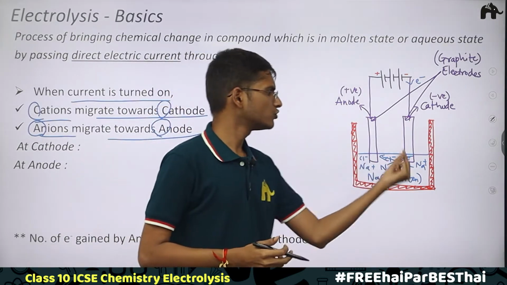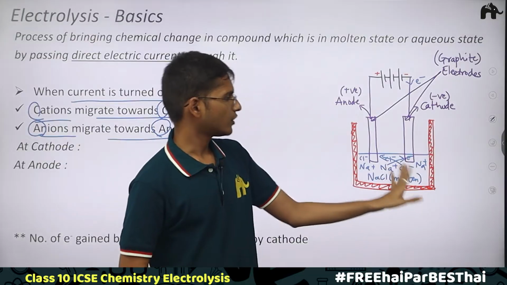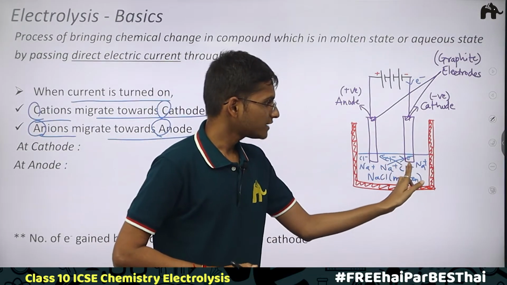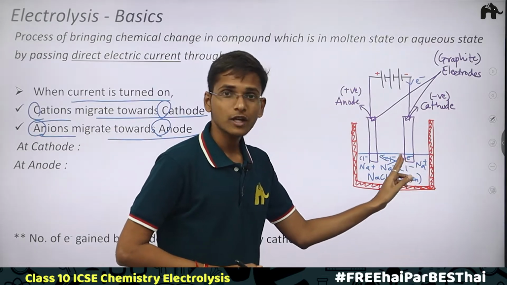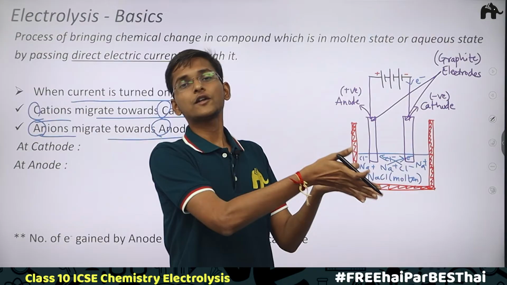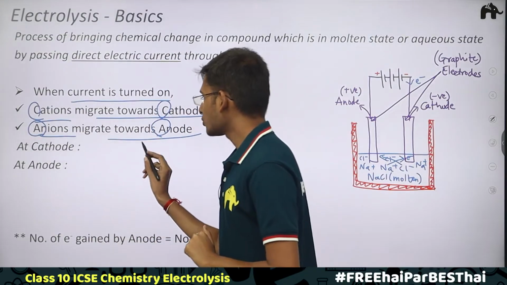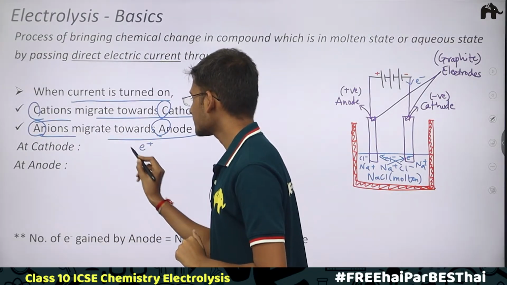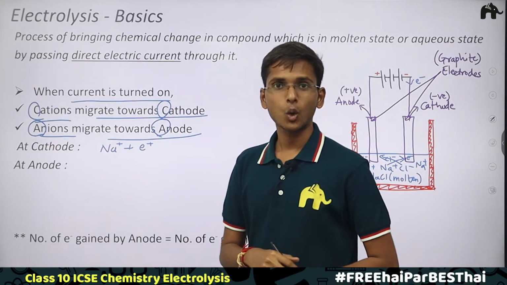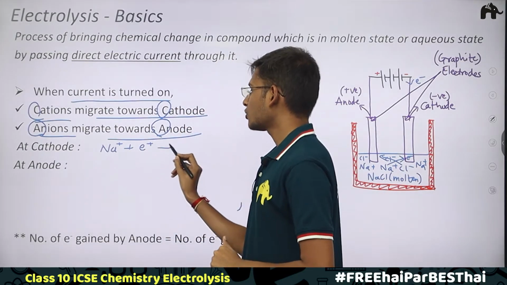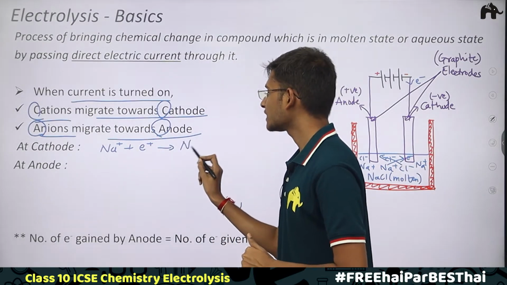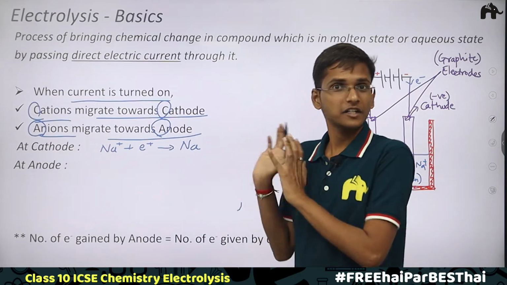Yes, they have now started to move towards the cathode, the cations. Now anions are starting to move towards the anode, but what are they now going to do? These Na plus ions go towards the cathode, and then the cathode would say, come on here, I will give you an electron. So this cathode gives up an electron to our Na plus ion, and the Na plus ion becomes happy by accepting this electron, and it becomes Na, a sodium atom, right?